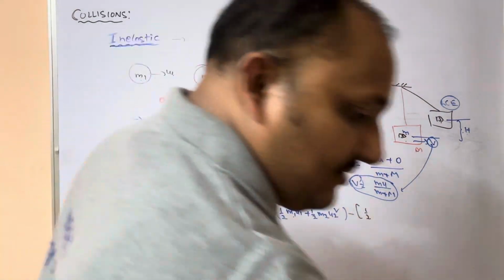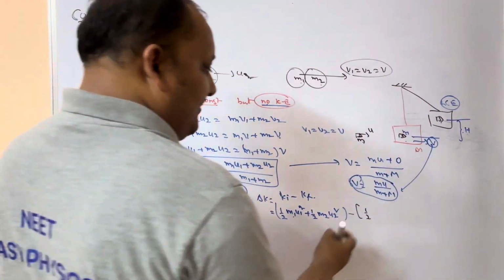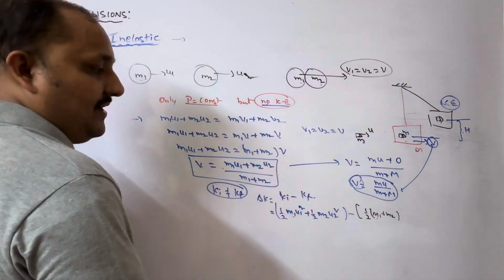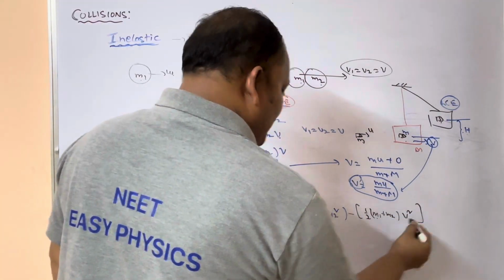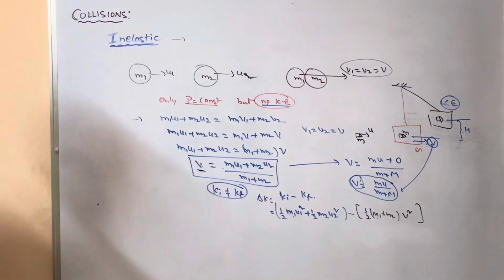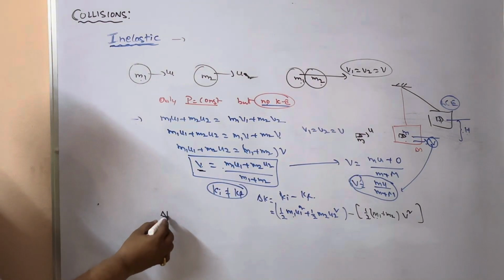I am writing the general formula. Here v is the common velocity. If you substitute and want to calculate, you can.